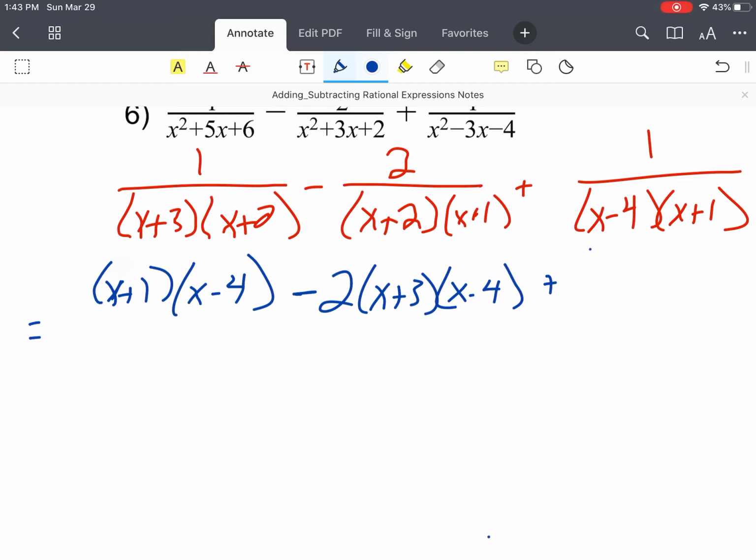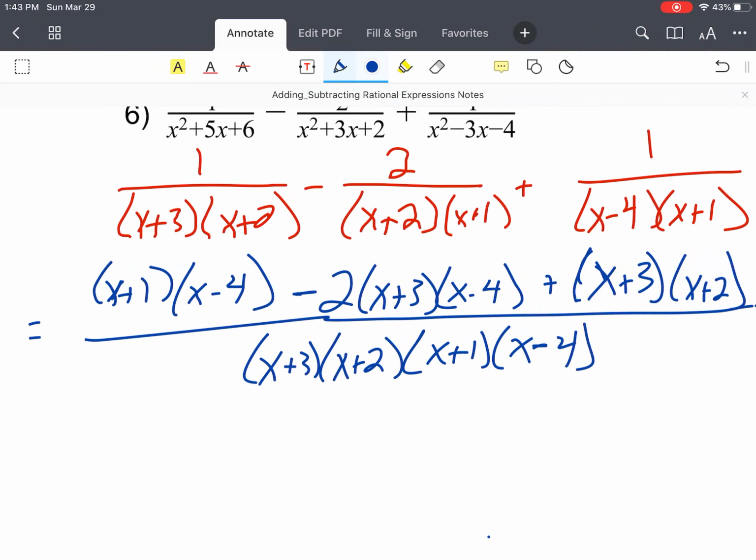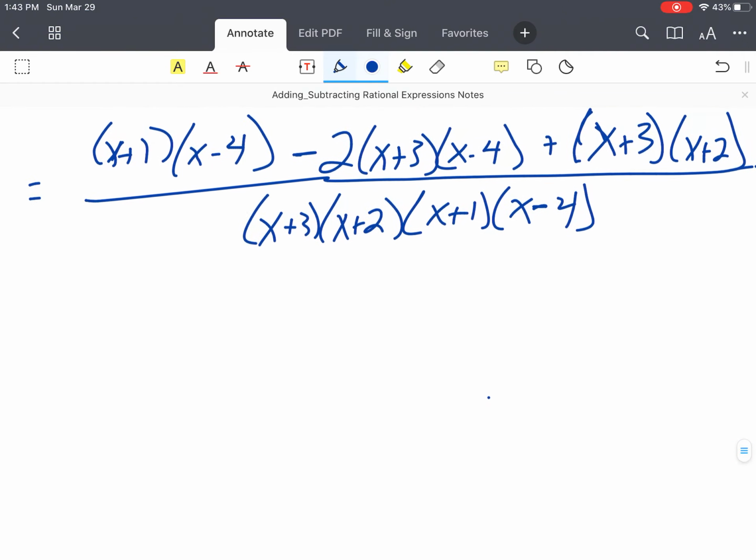And this last one has an x minus 4, but it does not have an x plus 3 and it does not have an x plus 2. Okay, I think we did it. Now that's all going to be over our big old common denominator of x plus 3, x plus 2, x plus 1, x minus 4.